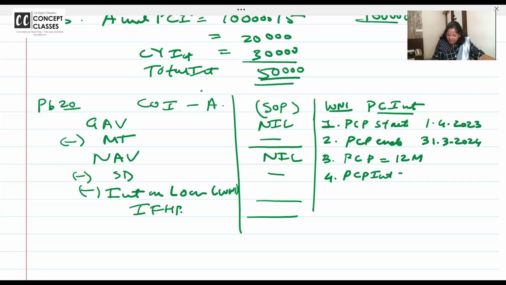Pre-construction period interest. How much is the loan A has availed on 1st April 22? Last line of the sum: 20 lakhs, 12% interest for 12 months. So divide by 12 into 12. Directly you can take it as 2,40,000, which is the pre-construction interest, divided by 5.